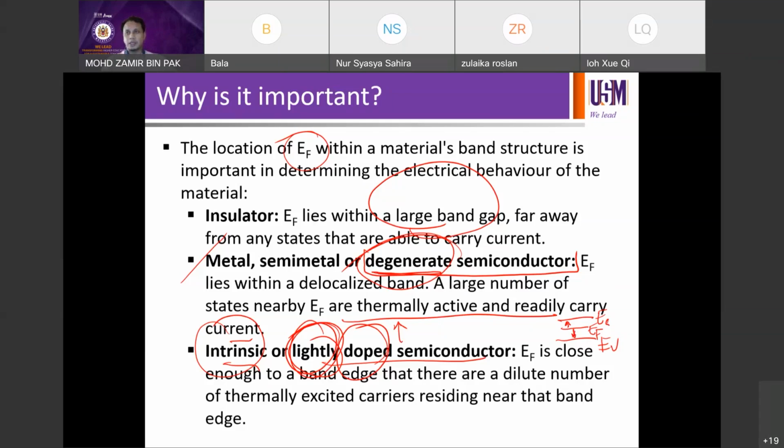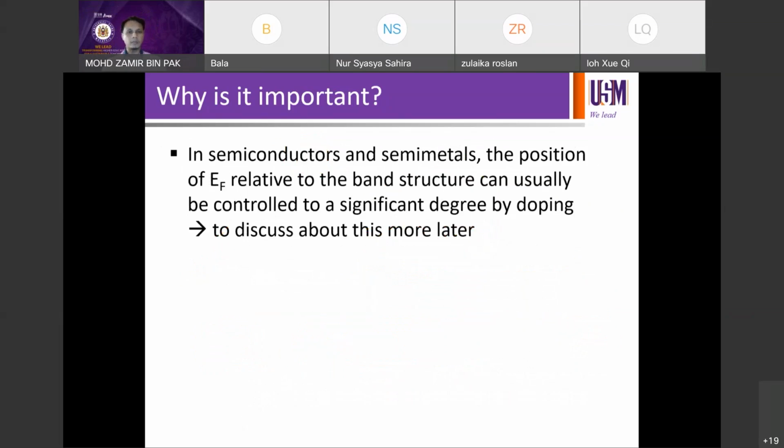You probably don't see any significant effect if you lightly dope the semiconductor, because it probably just moves slightly away from the center of the band gap. But as you keep increasing doping level, you're going to see it more and more skewed towards either EC for N-type or EV for P-type, right? So the position of EF relative to the band structure can usually be controlled to a significant degree by doping.